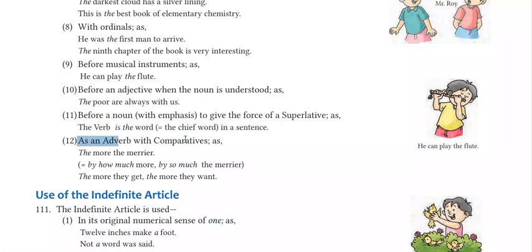As an adverb with comparatives, sometimes we say the more, the merrier. The more they get, the more they want. And sometimes with language we often say, the more you speak, the more you learn.